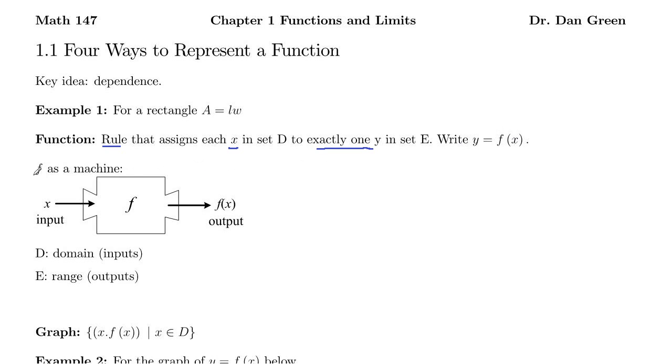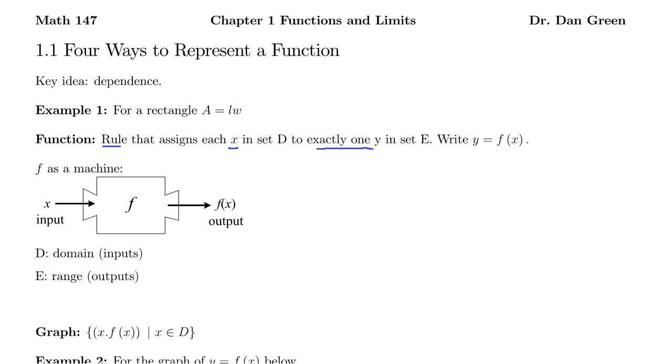It's sometimes helpful to think of the function f as a machine. So your x is your input, and then your function performs operations on your input and then spits out f(x), your output. So the set D is your domain, your set of inputs, and the set E is your range or your set of outputs.